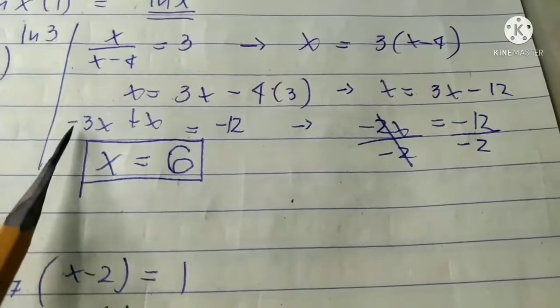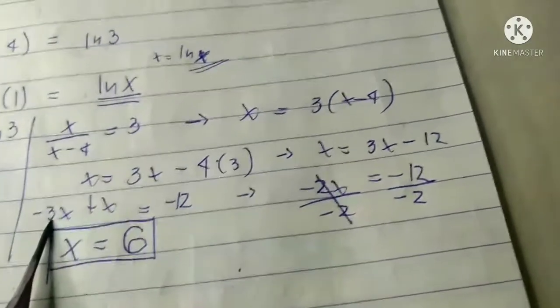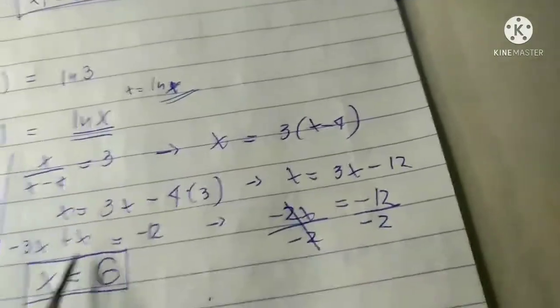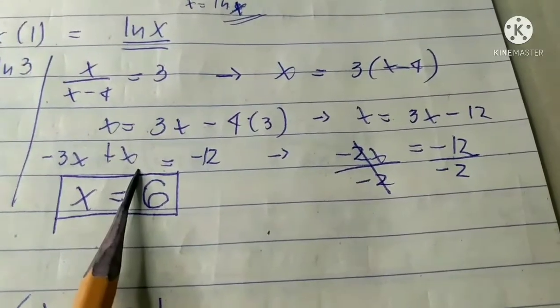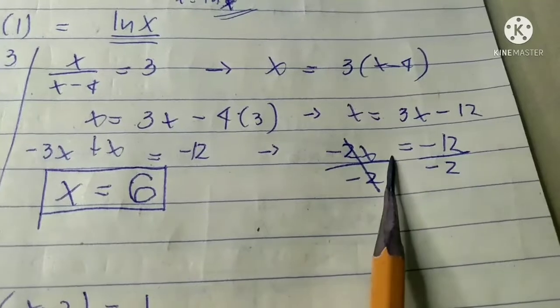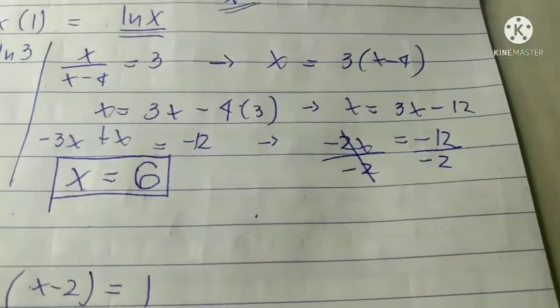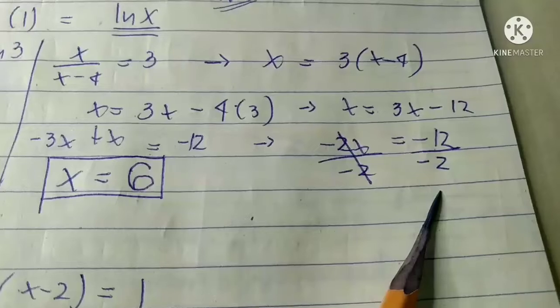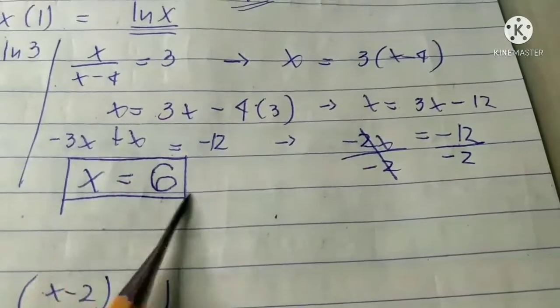And if we simplify this, we will get negative 2x equals negative 12. So divide both sides by negative 2 and we will get x equals 6.